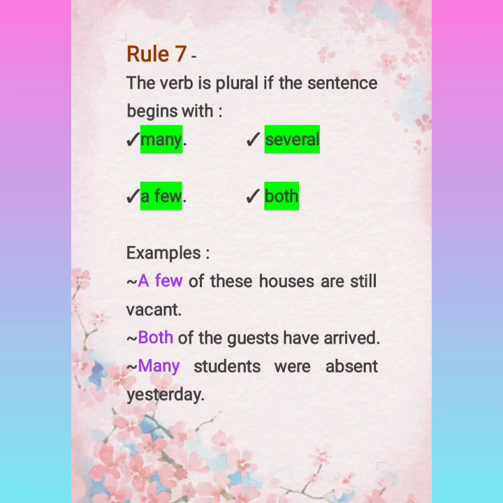Both of the guests have arrived. Many students were absent yesterday. In all these sentences, you can see we have used a plural verb, because according to the rule, words like many, few, a few, several and both always take a plural verb.